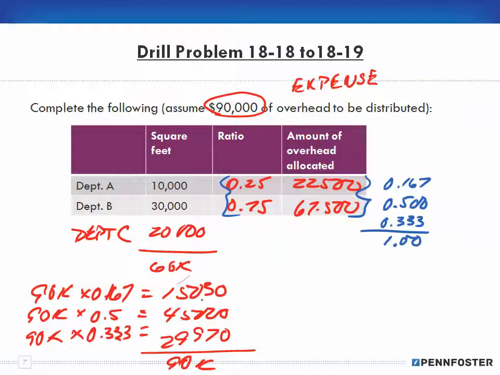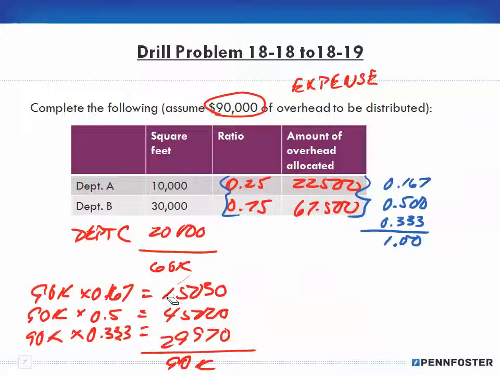Okay, so yeah, I could have multiplied here, but once I multiplied here and I multiplied here, I could have added those together and then subtracted from the 90,000 in order to get to 29,970. Just different ways of doing it, but they end up being the same. So the point being here is that when you're doing a distribution, it doesn't matter how many departments you have.